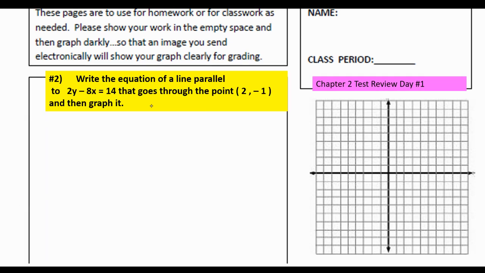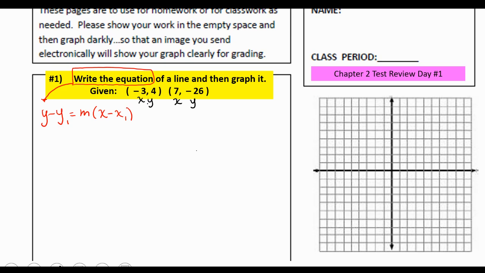And we can label them set 1, and we can label them set 2. So that means we already have a point here and here to plug in for x1 and y1, but what we don't have is the m. So your first step is to find m.